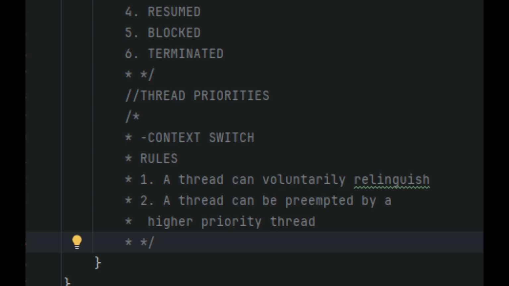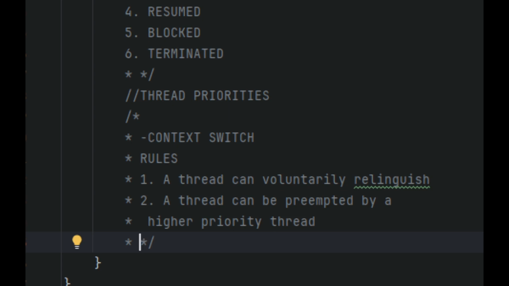So if we have a lower priority thread running, and we have a higher priority thread that is ready to run, ready to take up the CPU, then the higher priority thread will preempt the lower priority thread, regardless of what that lower priority thread is doing at that particular time. Basically, as soon as a higher priority thread wants to run, it does. And this is called preemptive multitasking.